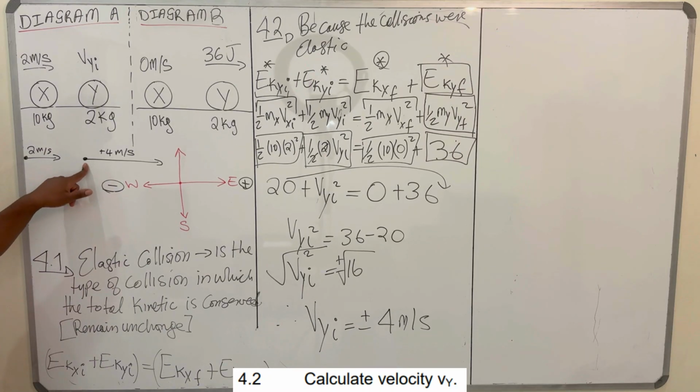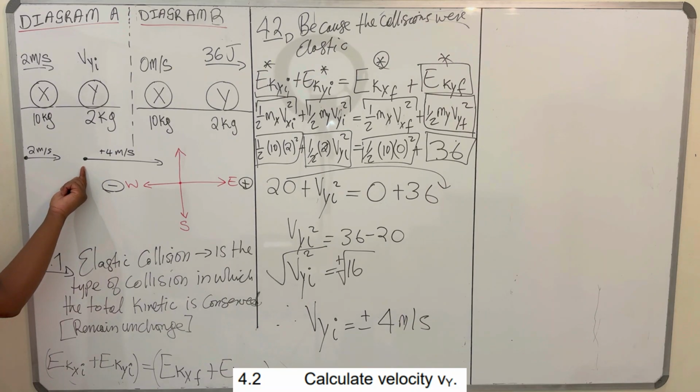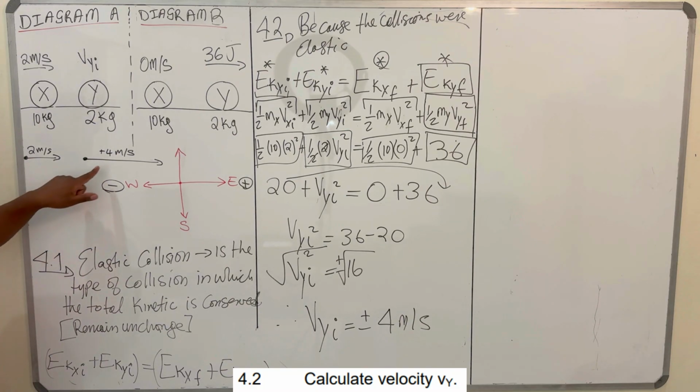Right? Because this one will be faster. There will always be a velocity difference of 2 meters per second for both of them. So there will always be a relative velocity of 2 meters per second between them, which means x will never catch up with y.